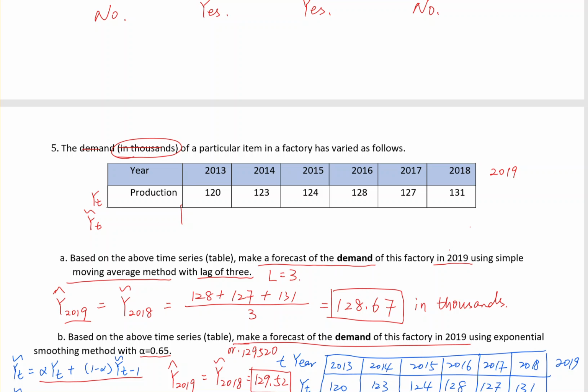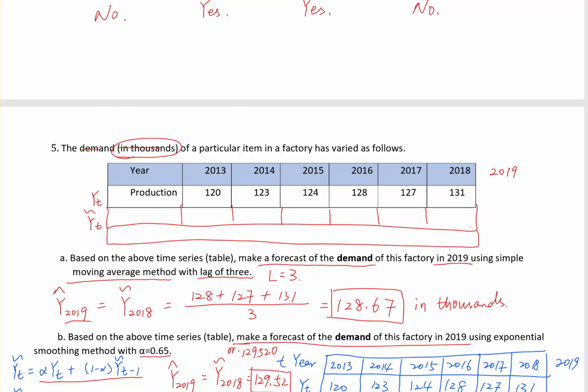To find the predicted value, we need the estimated value. For this kind of problem, you need to draw this table on your scratch paper.